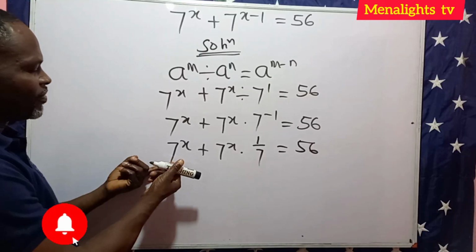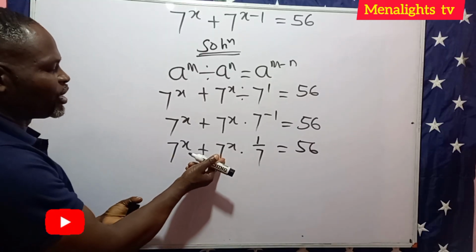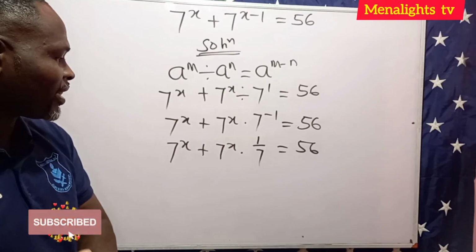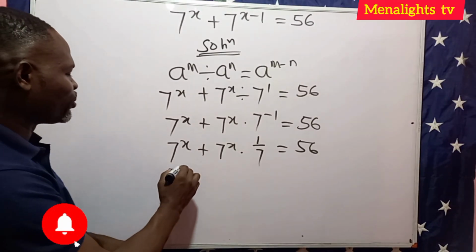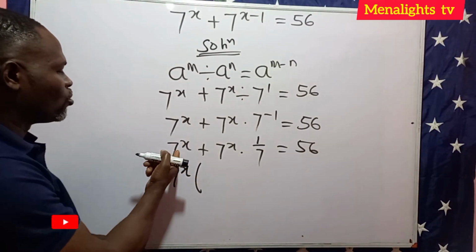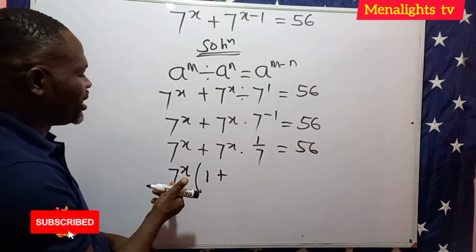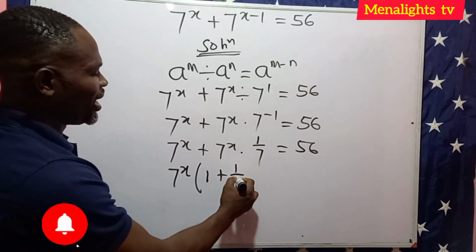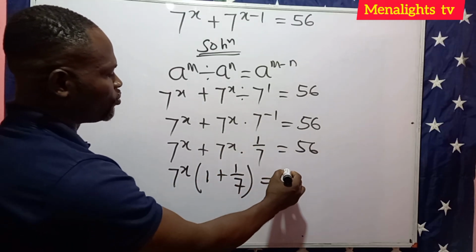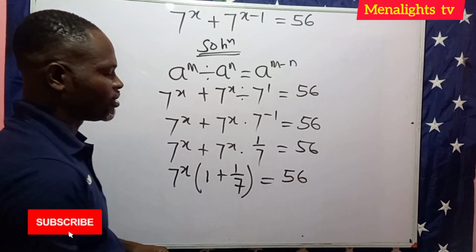Now we have 7 exponent x here and another 7 exponent x here, so we can factor out. We have the 7 exponent x out, and this will go here 1 plus, and this will go here 1 over 7, which is equal to 56.